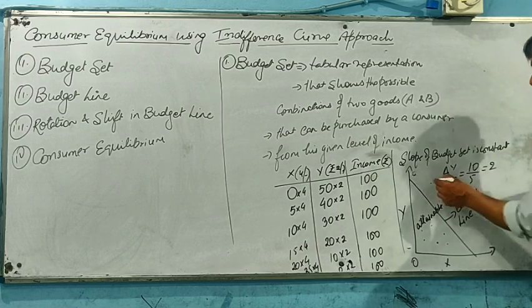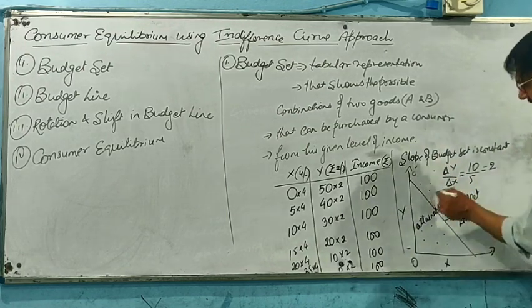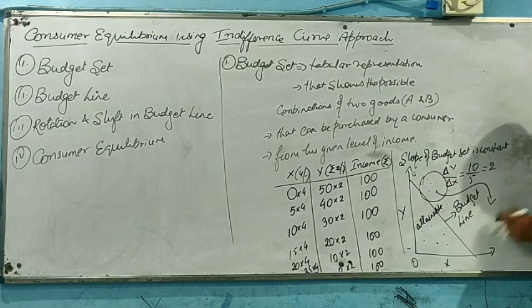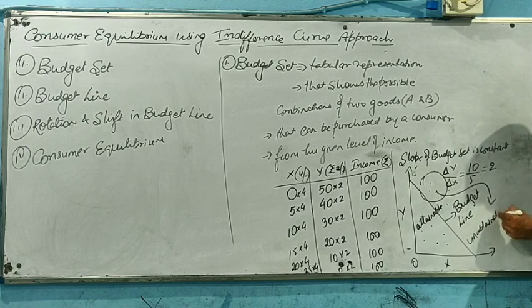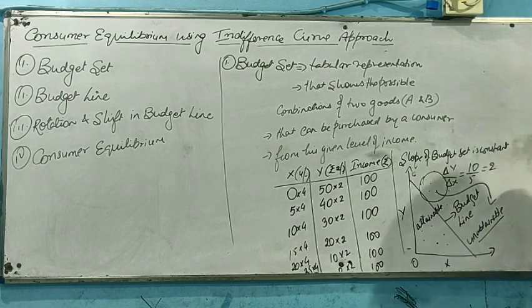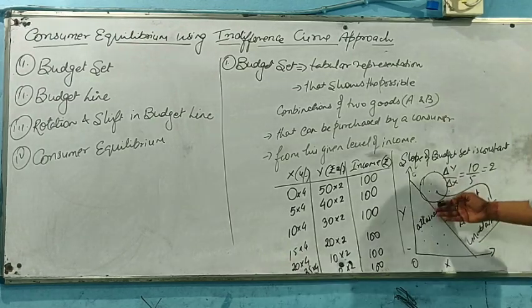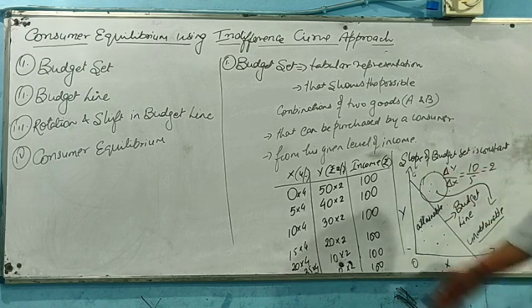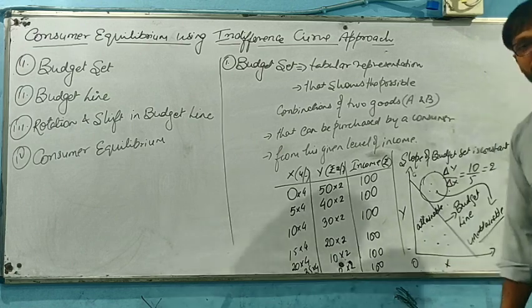If we talk about somewhere outside the budget line, these are the points that are known as unattainable. Unattainable means unachievable, since from the given level of income, a consumer will not be able to purchase a higher amount of units of goods, since his income is limited, given and constant.